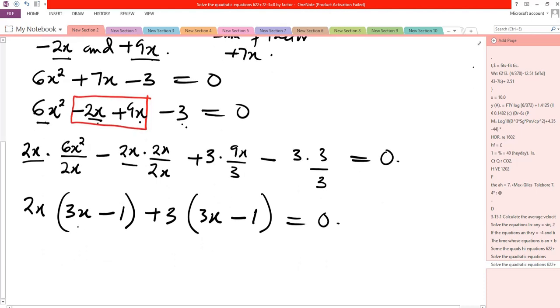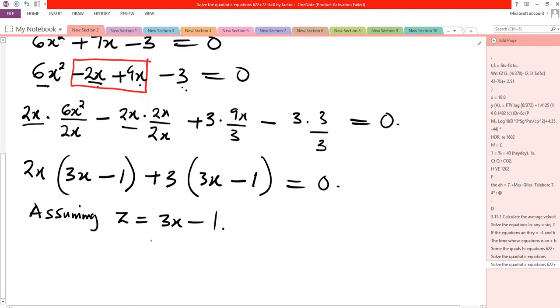So if you want to factorize, assume z is equal to 3x minus 1. Now if you substitute z as equal to 3x minus 1 into this equation, you have 2xz plus 3z equal to 0.